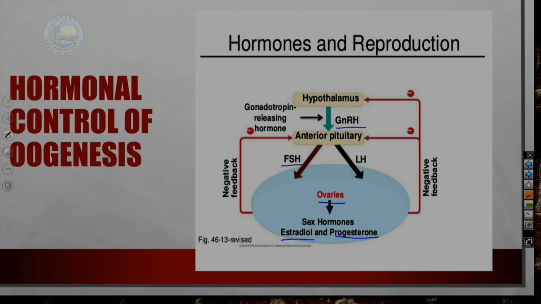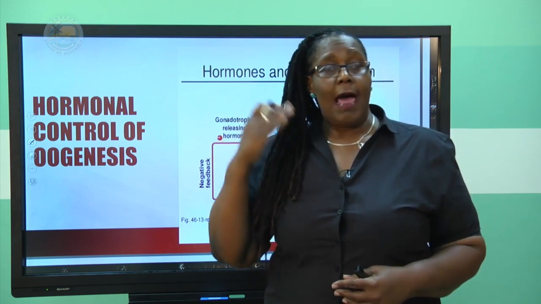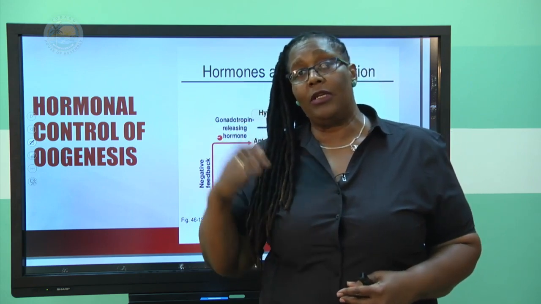If you recall, estradiol has a positive impact on the production of LH. However, as you increase the production of estradiol and progesterone, as happened after the LH surge, remember estrogen and progesterone production will increase.